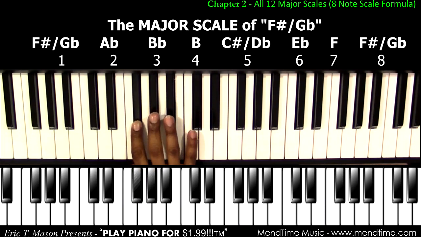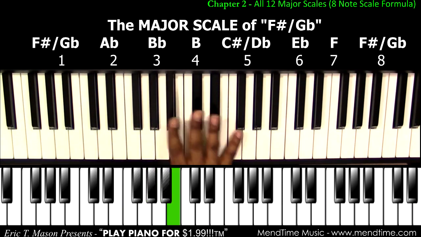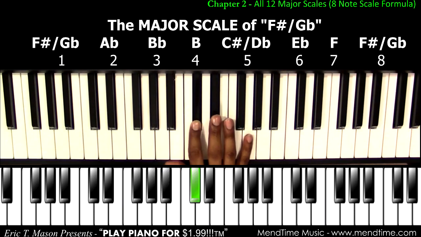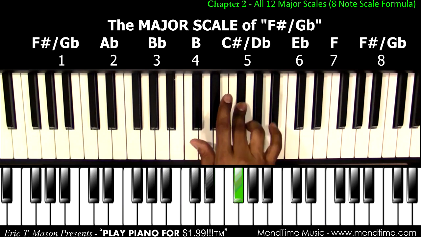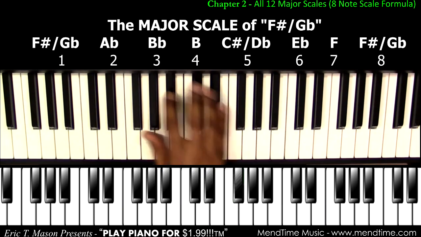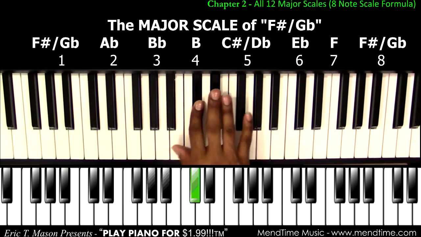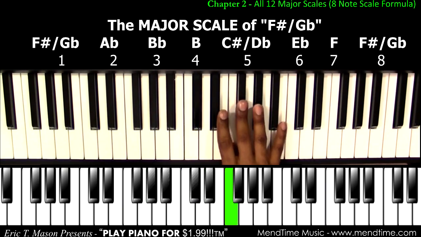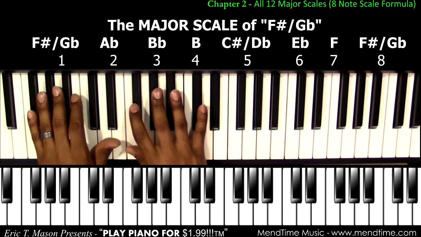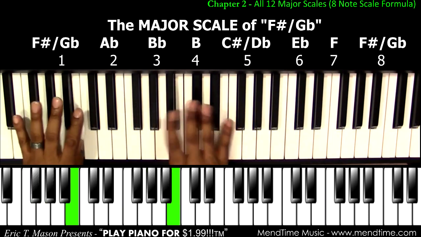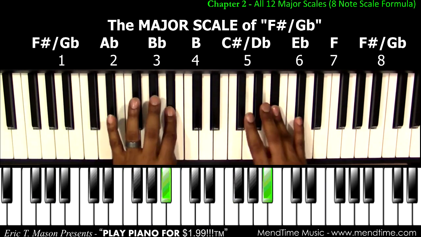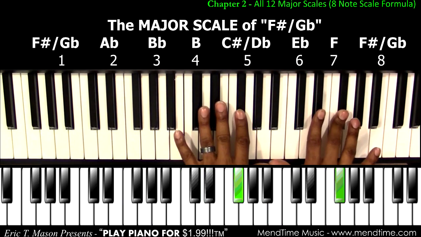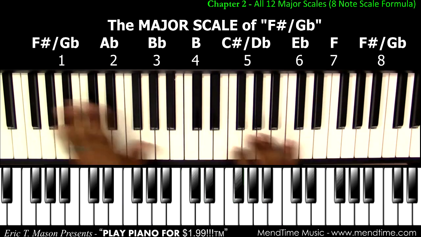F sharp, G flat, G sharp, A flat, A sharp, B flat, B, C sharp, D flat, D sharp, E flat, F, and then F sharp, G flat. Very good. Very nice.